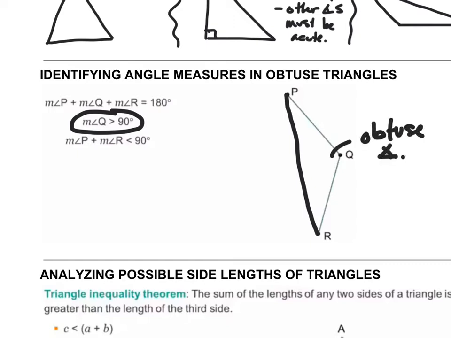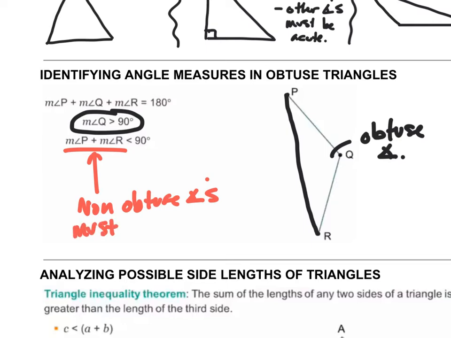So if that angle is greater than 90 degrees, we know that all of these angles have to add up to 180. If Q is greater than 90 degrees, then P and R have to be smaller than 90 degrees. So even the sum of the other two, the non-obtuse angles, must be acute.